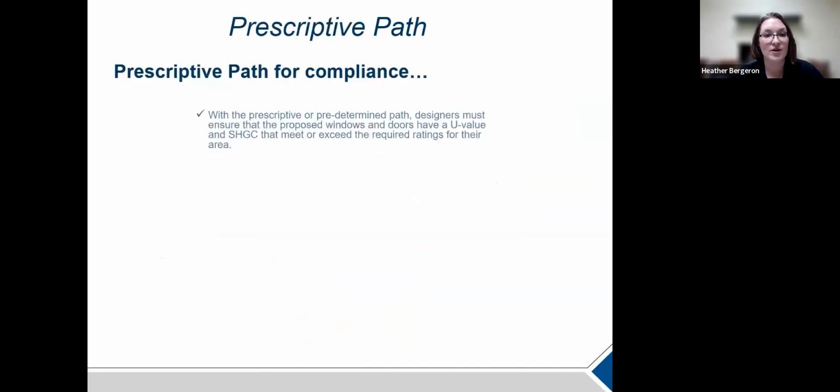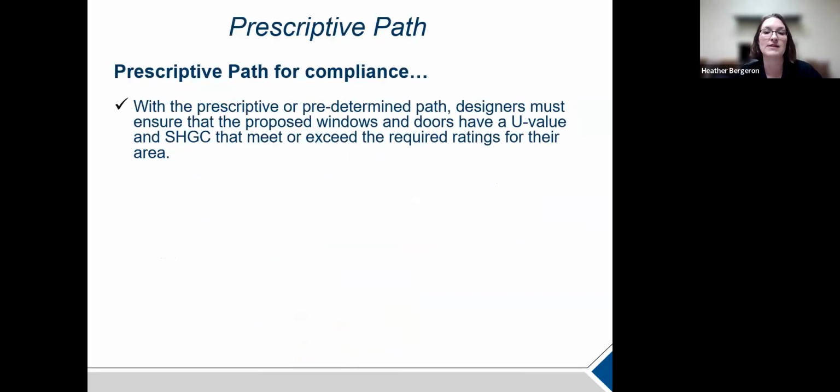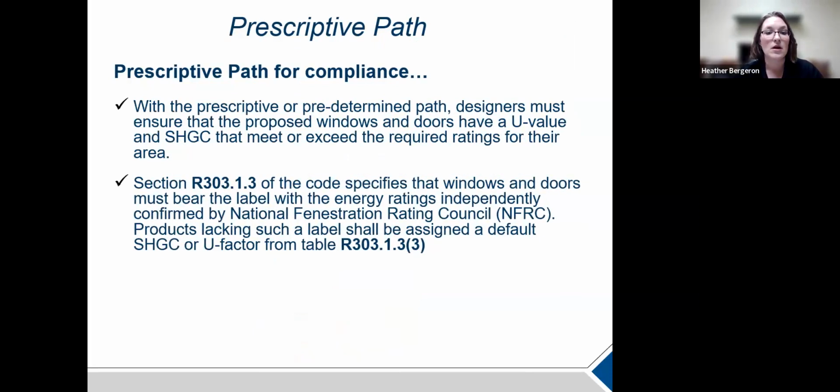The prescriptive path for compliance. With this, it's a predetermined path that designers must follow, ensuring that the proposed windows and doors have a U value and solar heat gain that meet or exceed the required ratings for their area. In this section, the code specifically specifies that windows and doors must bear the label with the energy ratings that are independently confirmed by the NFRC.